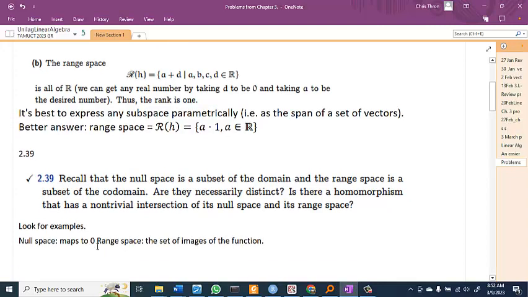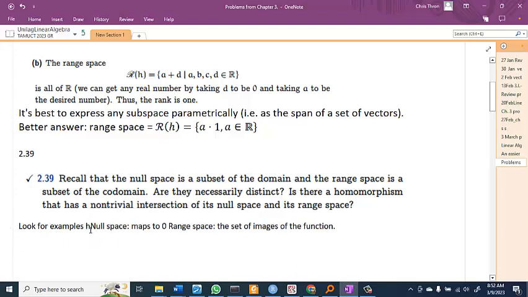So in order to find some examples, you must necessarily look for cases where the domain and the codomain are the same, because of course they're going to be distinct if the domain and the codomain are different, okay? And of course they're not going to have an intersection if the domain and the codomain are different. So look for examples in the case where domain is equal to codomain.